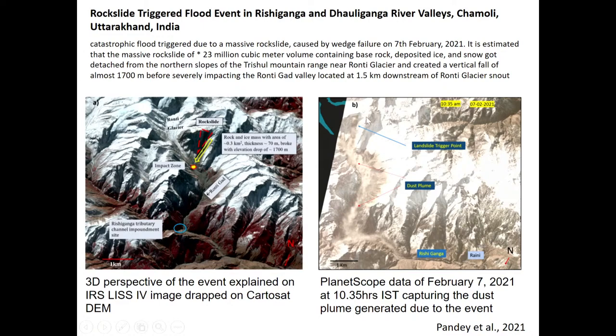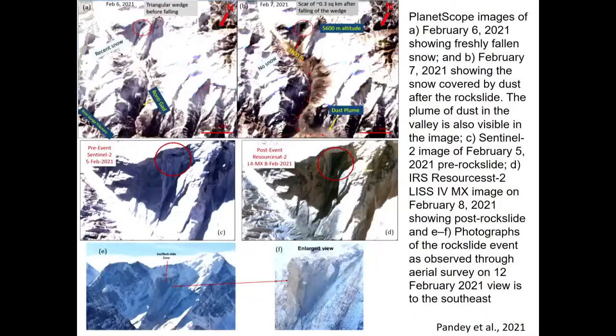After the event, you can see some bright white pixels. These show the dust plumes because of this event, along the channel. You can easily identify these kinds of dust plumes in this image.